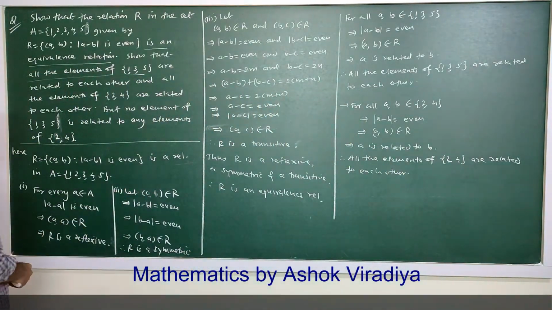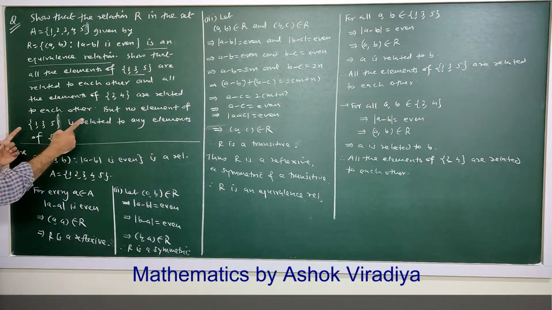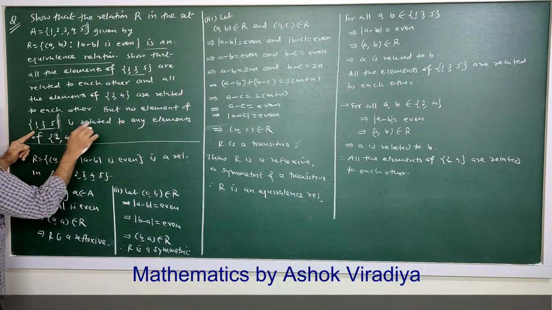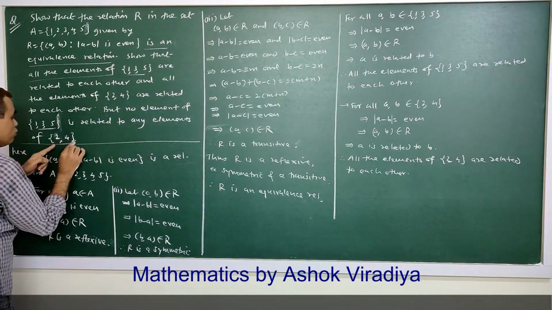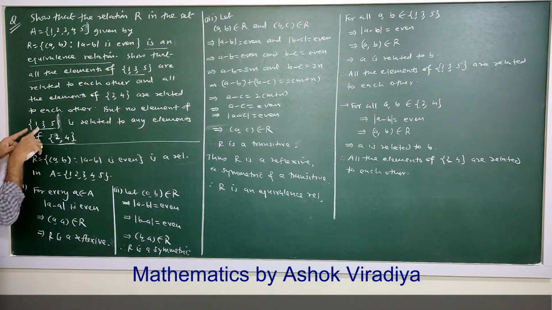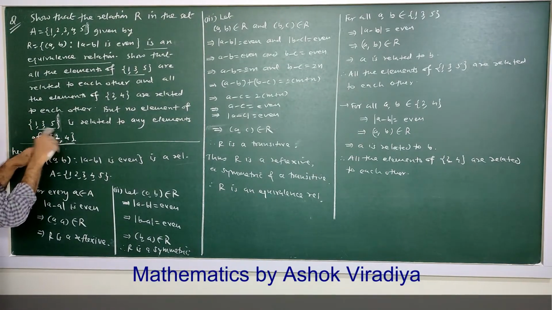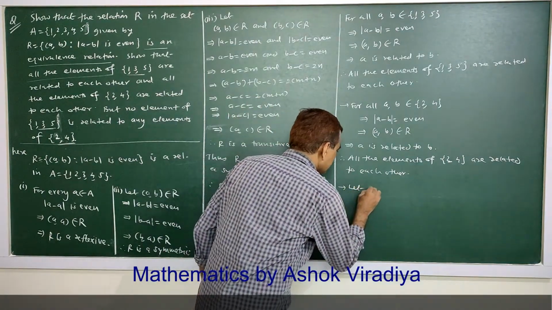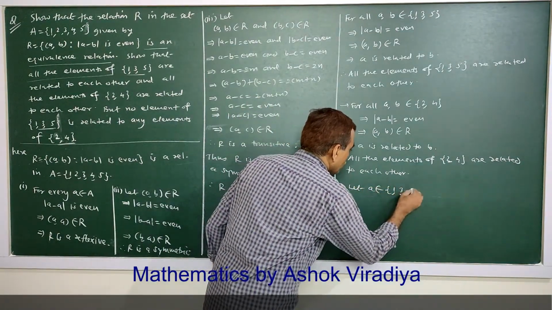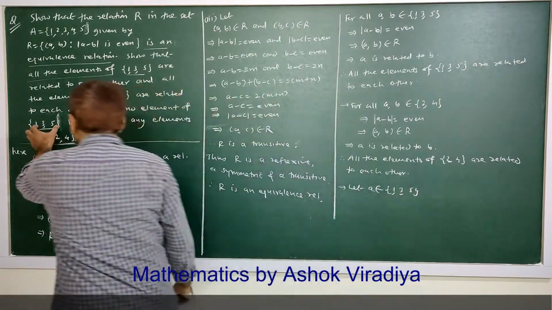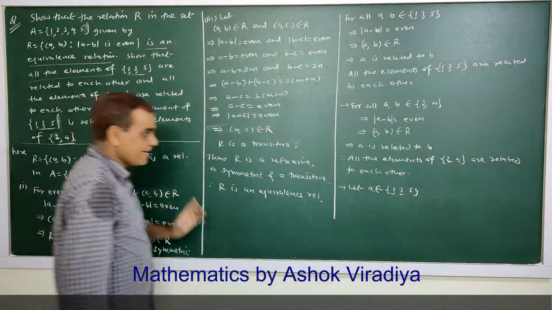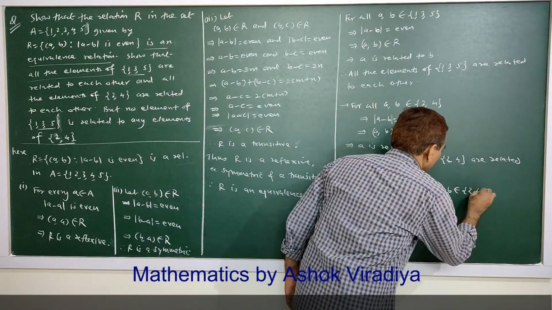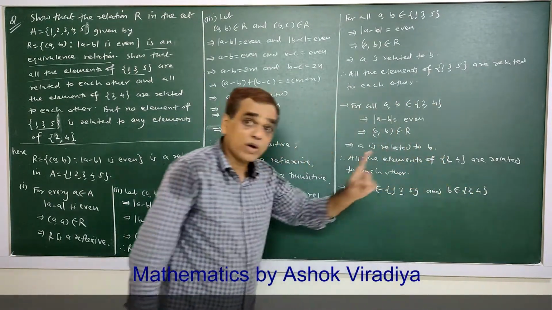Now, again, go ahead, but no element of {1, 3, 5} is related to any element of {2, 4}. So let me take a from this set and b from this set. So let a belong to {1, 3, 5}, a from this set, and b from {2, 4}. A is odd, b is even.